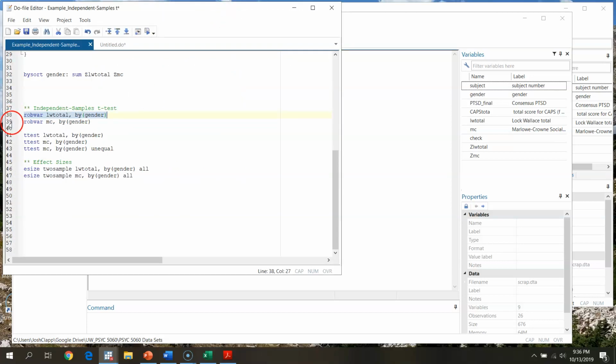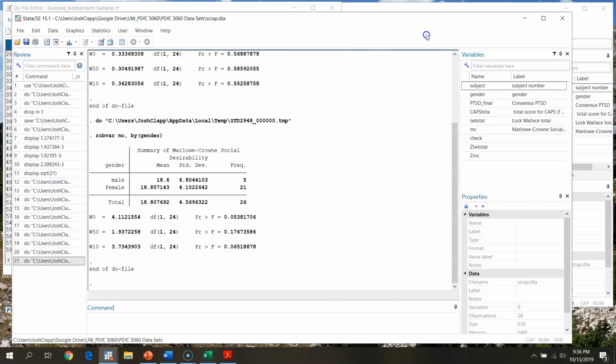Okay, but if we take a look at our Marlowe-Crowne, it's quite a bit more ambiguous. So we've got our variance, standard deviation for men, standard deviation for women in terms of social desirability. Remember that this is actually a test not of standard deviations, but of variances.